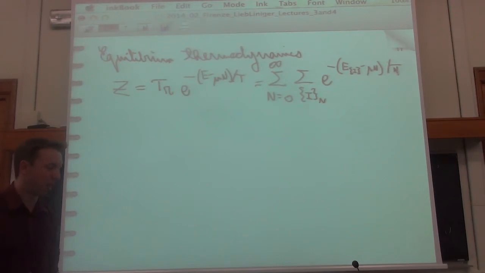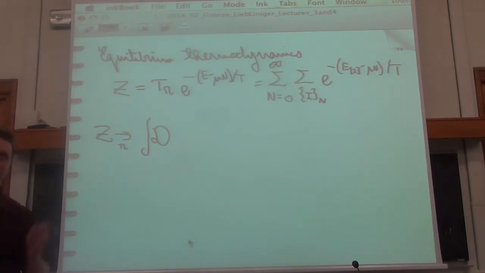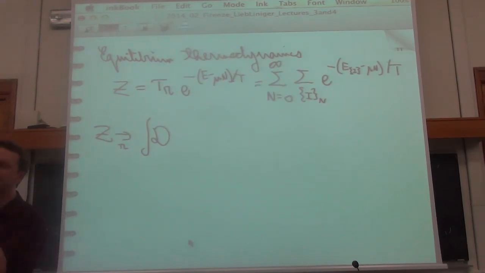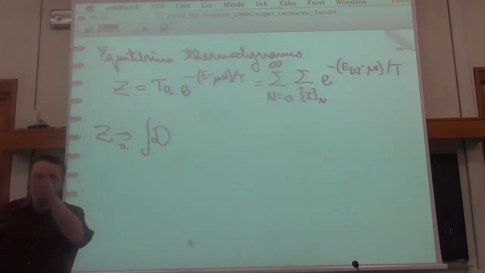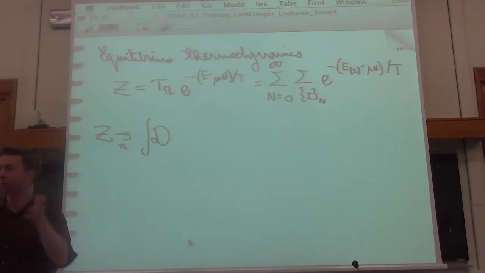So essentially what we expect is that Z in the thermodynamic limit would be given by some functional integral D. Then the question, D what? Well, the quantum numbers are statistically independent, in the sense that you can sum over these sets of quantum numbers; there's no Jacobian, the measure is just completely flat in the space of the quantum numbers.